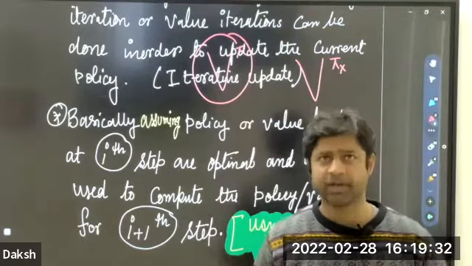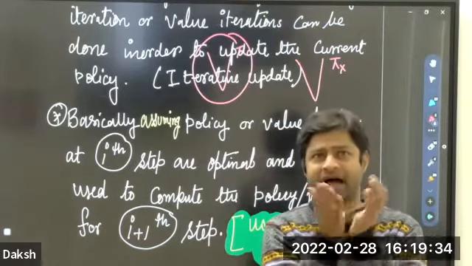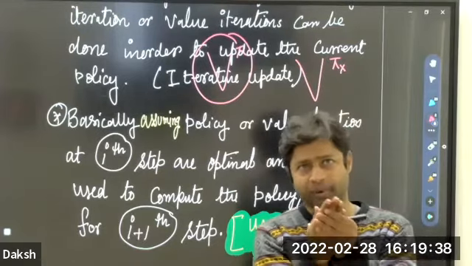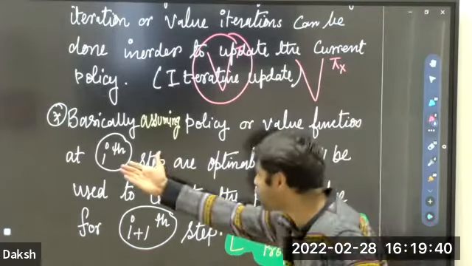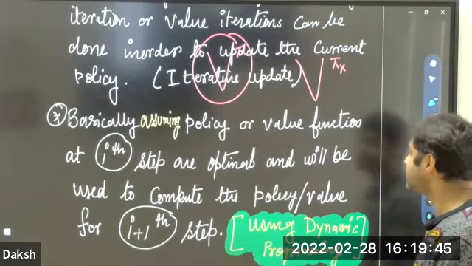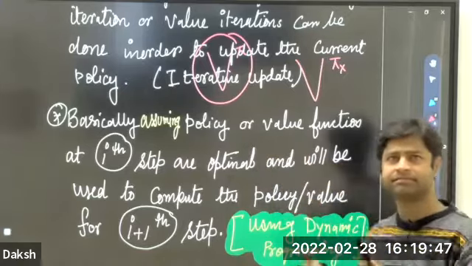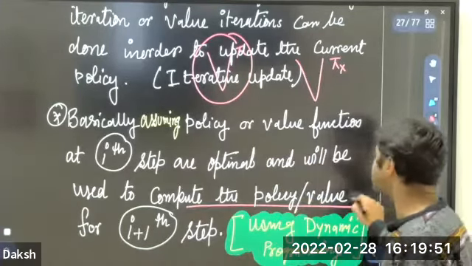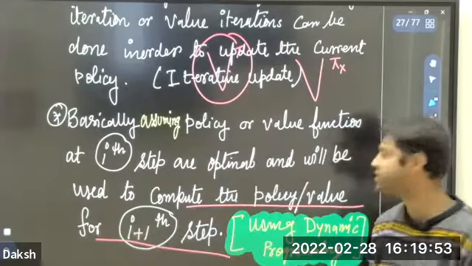I am assuming that right now at the ith step, whatever you have as your policy is an optimal function, and use it to compute the policy or the value function for the i plus 1th step.